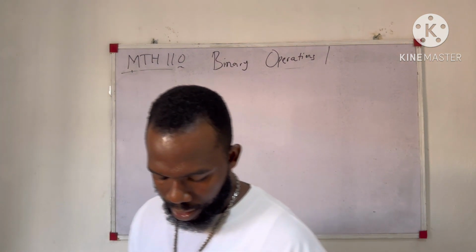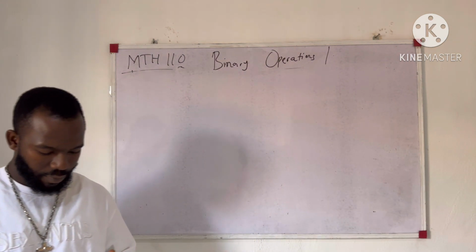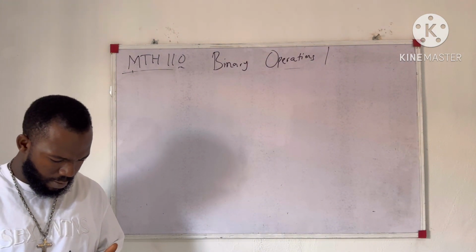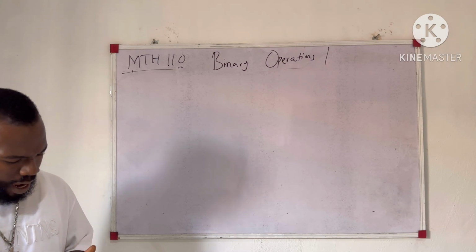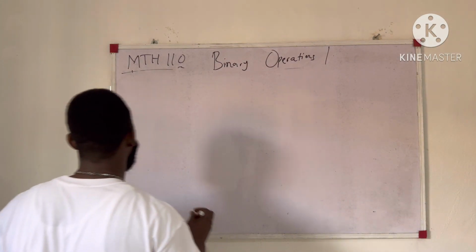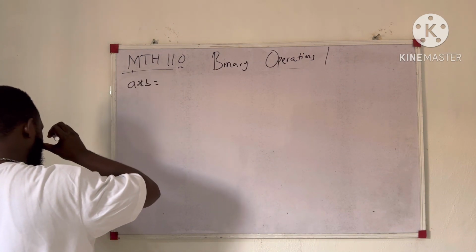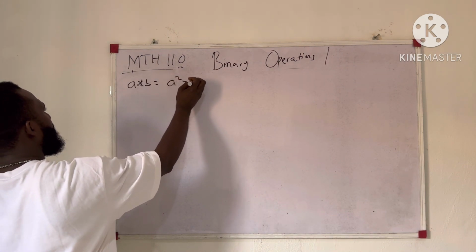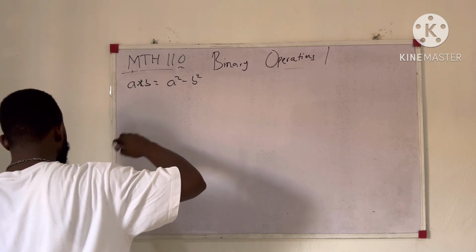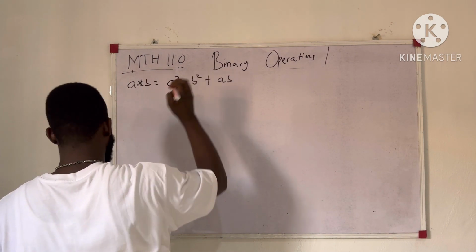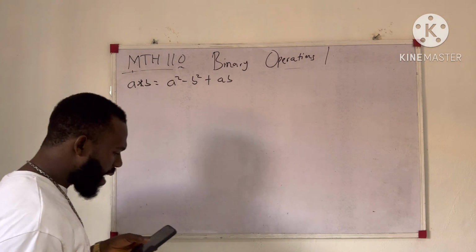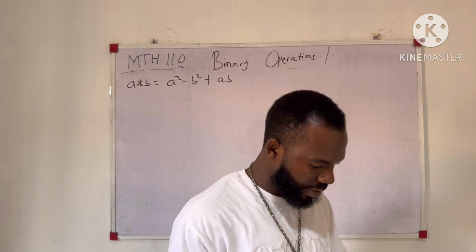Okay, let's see what we have here. A binary operation is defined by A operation B equal to A squared minus B squared plus AB, where A and B are real numbers.